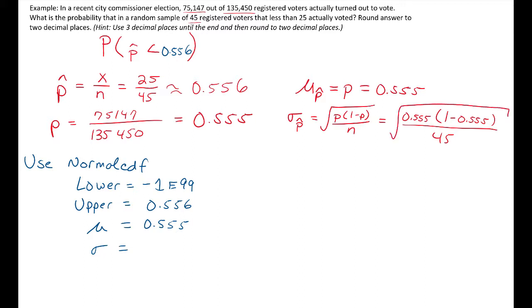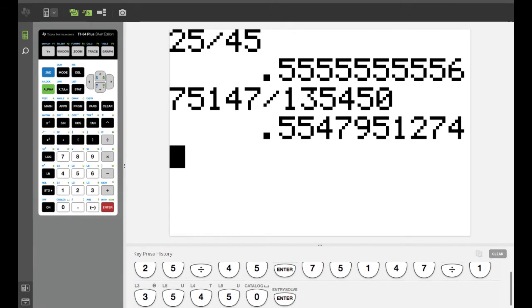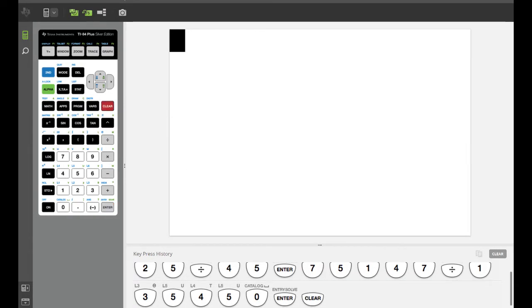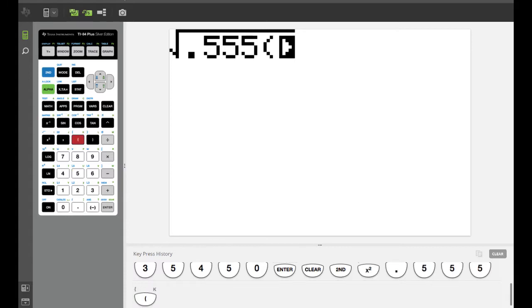Okay. And let's calculate that as a decimal. So let's go back to our calculator. Okay, let me clear this out. So I'm going to do square root. I'm going to take 0.555 and then do open parentheses. So this is understood multiplication. 1 minus 0.555.